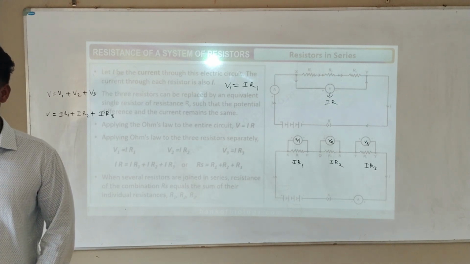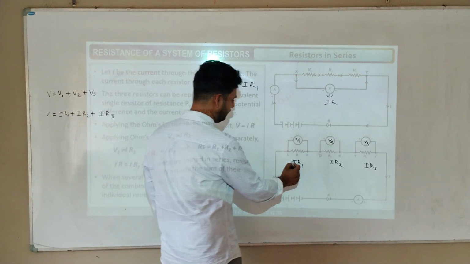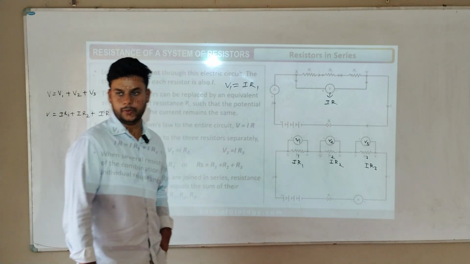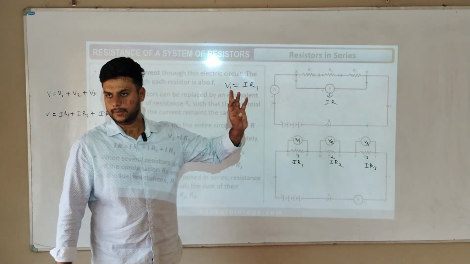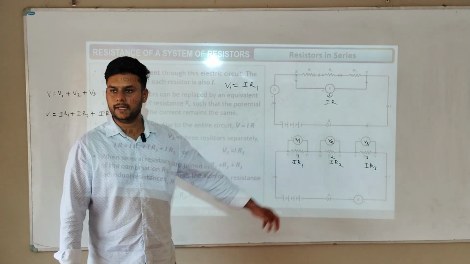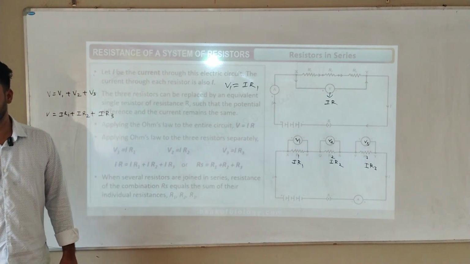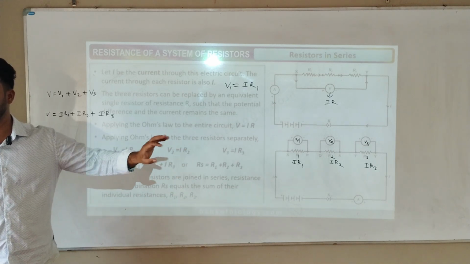Voltage is different in this, different in this, different in that. But why not I1, I2, I3? Because it is a series connection. In a series connection, the current through every resistance, and through the whole circuit, will be the same.